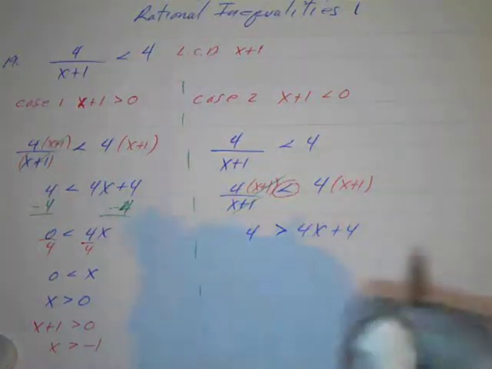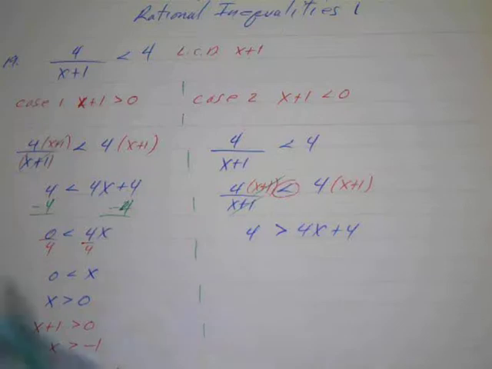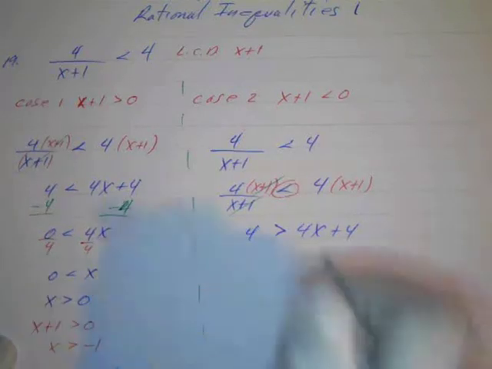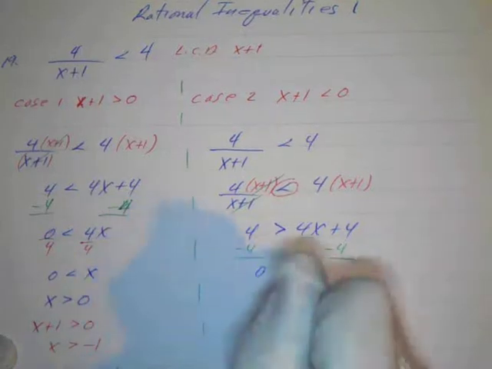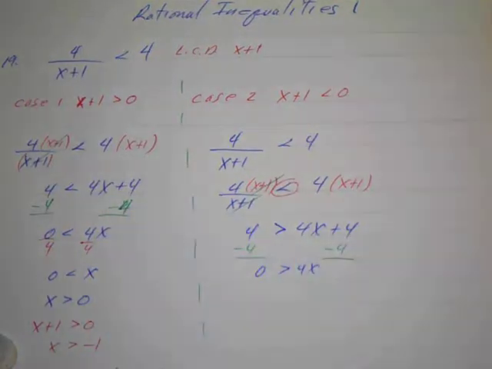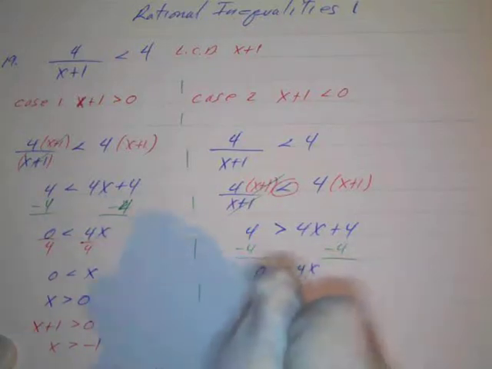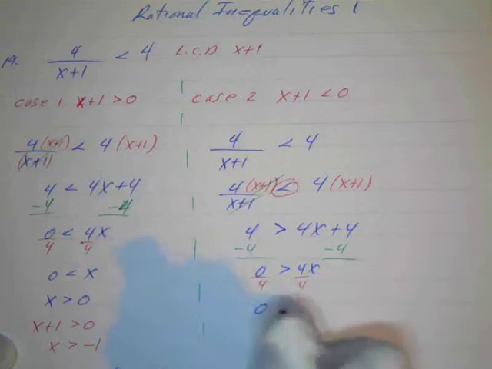A lot of your work will look the same because it's mirrored, except the direction of the inequality. So I subtract 4 from both sides. So I get 0 is greater than 4x. And if I divide both sides by 4 again, almost the same work. Actually, it is the same work. Just the direction of the inequality is going to be different. I get 0 is greater than x.